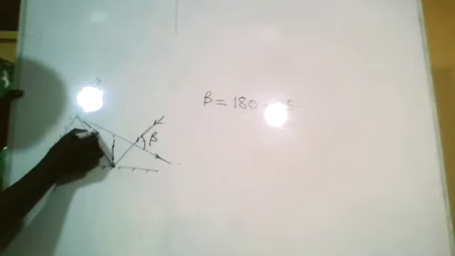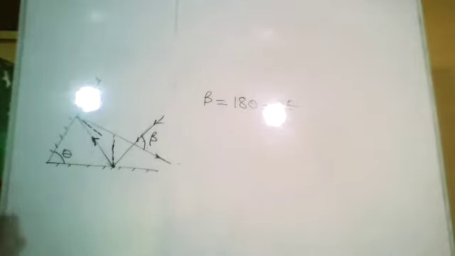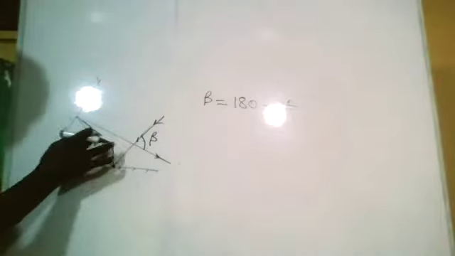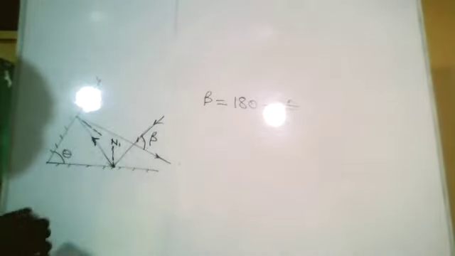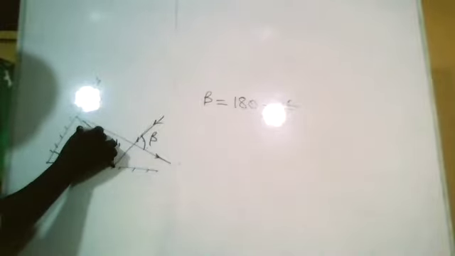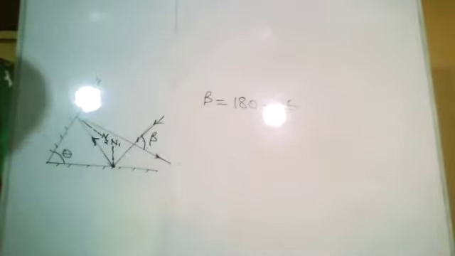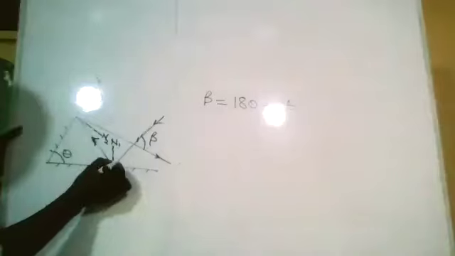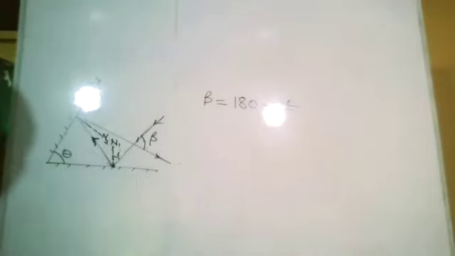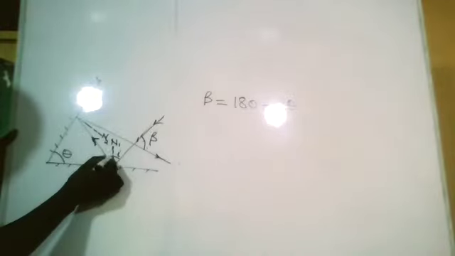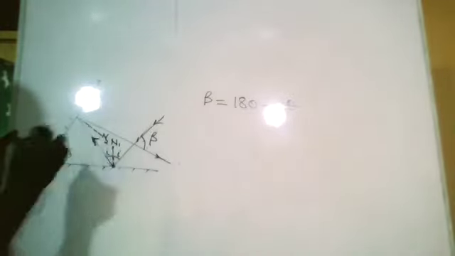The normal must divide the distance into 2. So I'm taking this to be first normal N1, taking this to be second normal N2. This is angle of incidence I. It must be equal to angle of reflection, so I.